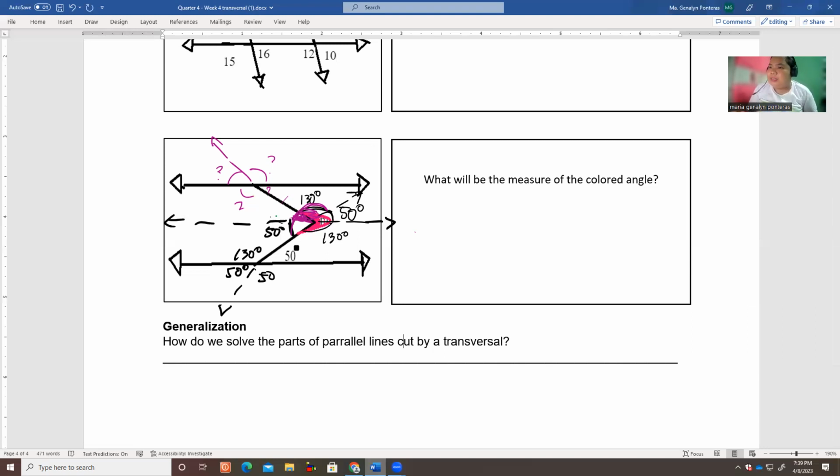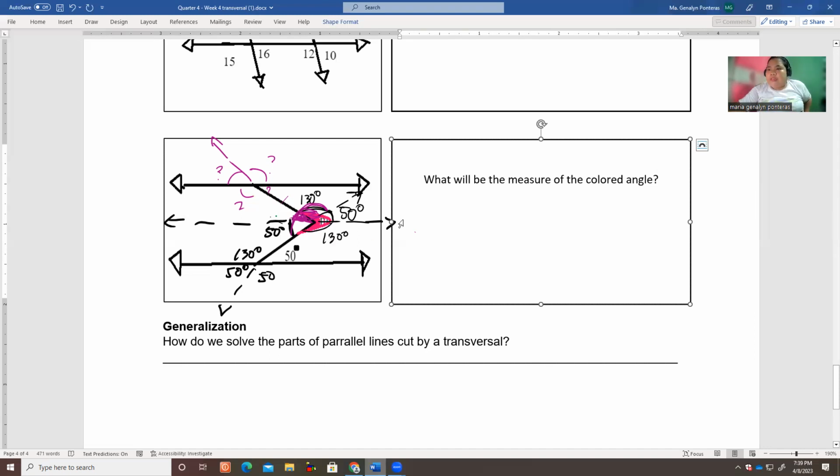Cut by a transversal, what will be the measure of the colored angle? So I'm stuck on this. So 130, 50, 50. 130, so the whole thing is 360. However, the struggle is how are we going to know this portion only? So the 130 thing.